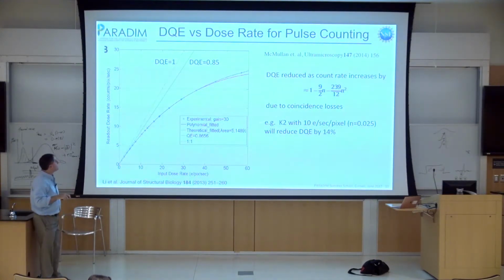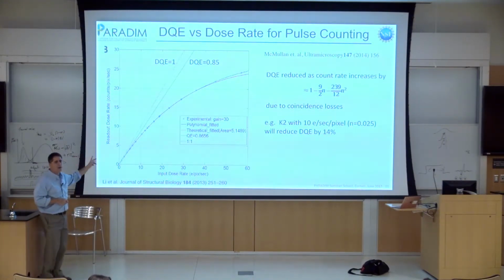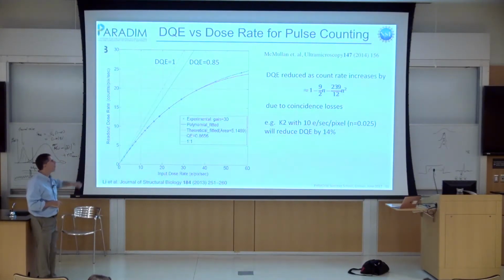And if I just do Poisson statistics and ask what's the probability that 2 electrons arrive in the same interval, or 3 electrons arrive in the same interval, and I miss that second and third electron, that probability goes up as the dose rate goes up. So you can just do the math, and this is the correction factor.